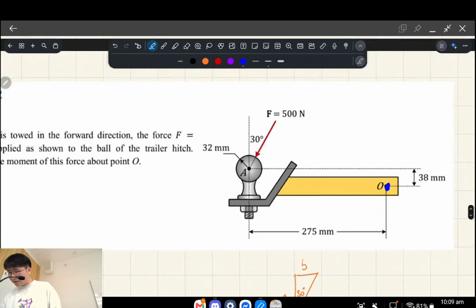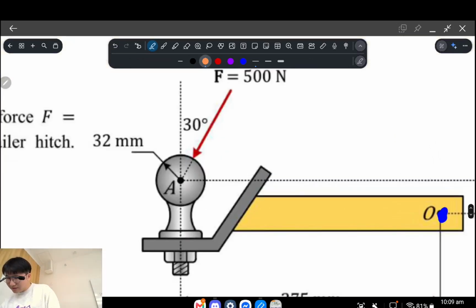But the difference with moments is that where the force is applied exactly makes a big difference for your lever arms. The difference is this distance here. Actually, I'm going to draw it the other way around.